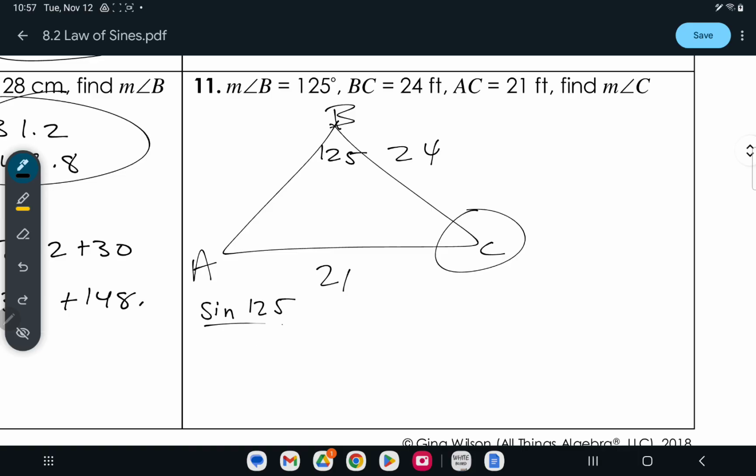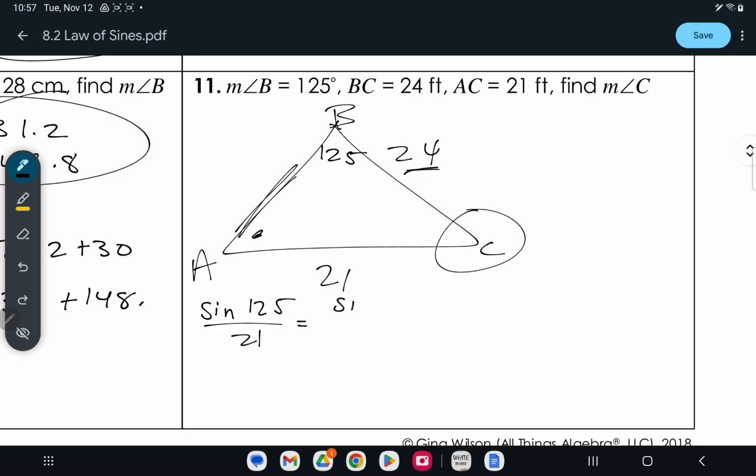Sine of 125 over 21 equals, I'd have to find probably this angle first to match up with the side, to be able to find the other one. Because I don't have the side here, so I can't just do it from there. But I can get this angle, subtract it from 180, and see what happens.